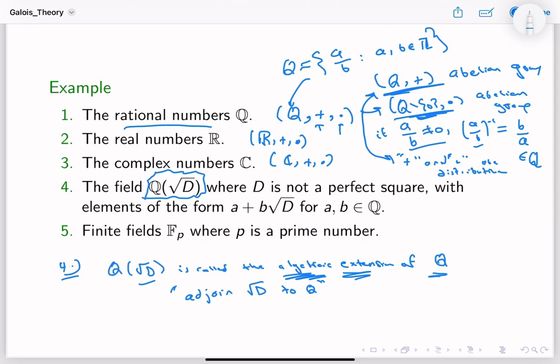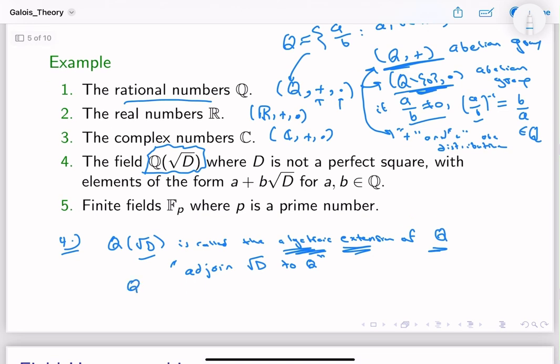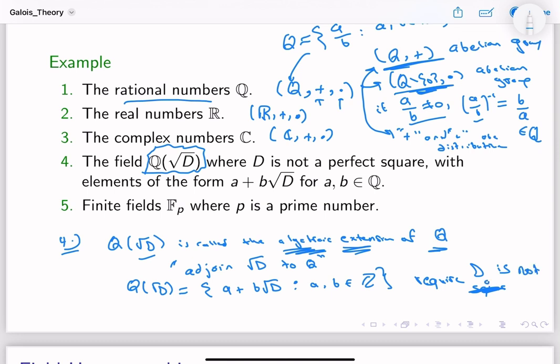So what is this field? Well, this field, as a set, is the set of all numbers a plus b square root of d, such that a and b are integers. And what we usually require is that d is not a perfect square.